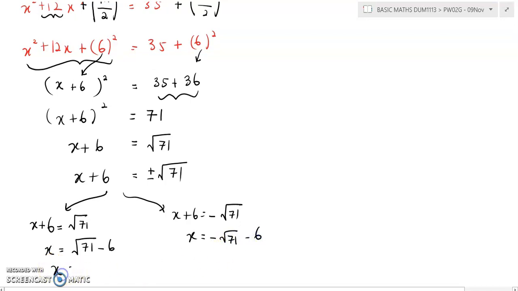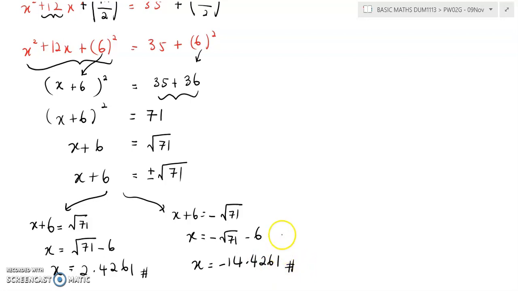So the final answer is x equals 2.4261, or x equals negative 14.4261.